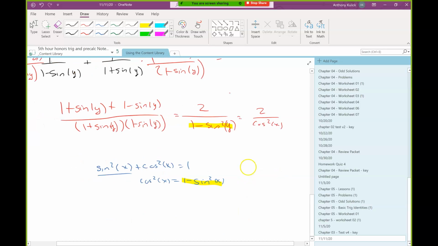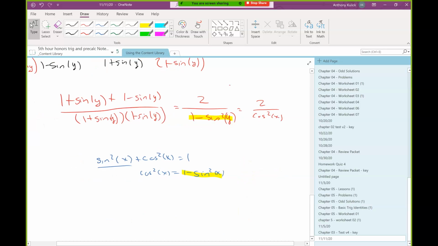So I'll write that as 2 over cosine squared x. And then that's really the same thing as thinking 2 times 1 over cosine squared x.